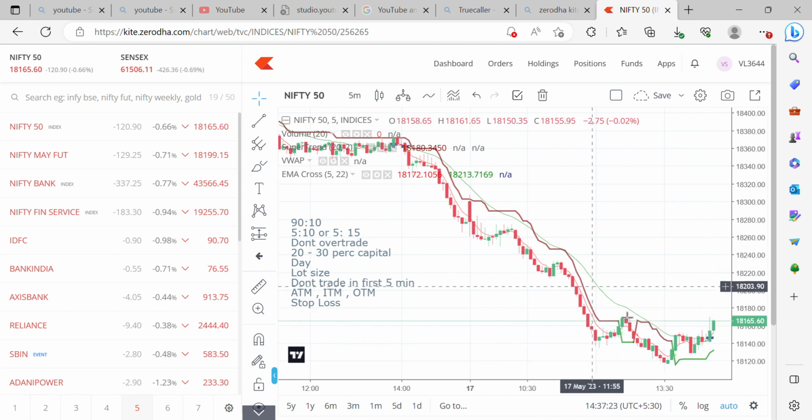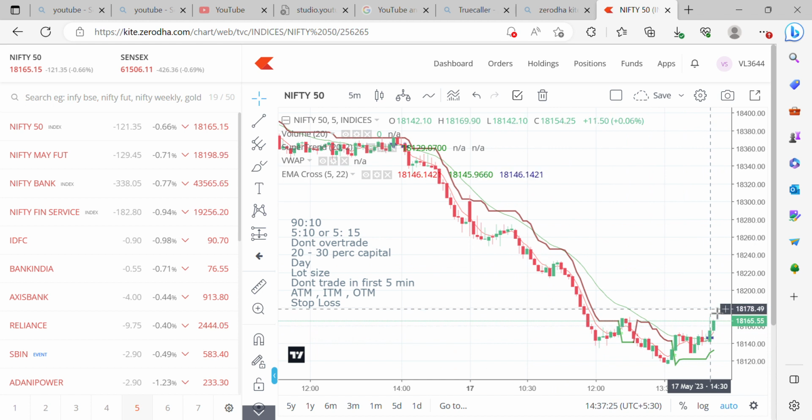Actually, after so much falling I will not go for a call, but just for the sake of understanding, if the trader thinks that the market will go upside, then you are going to buy a call. Then Nifty is at 18164. Then what strike price will you select? If 18150 call, then it will be your at the money.